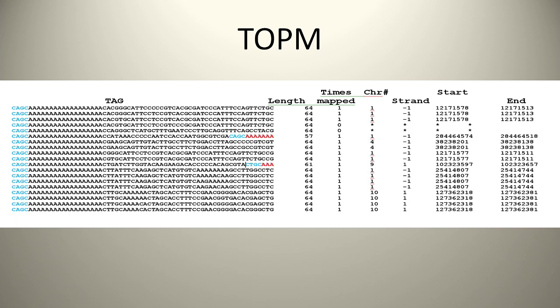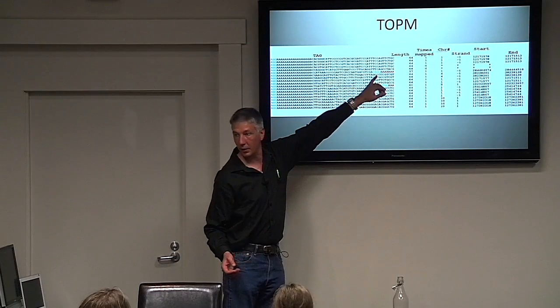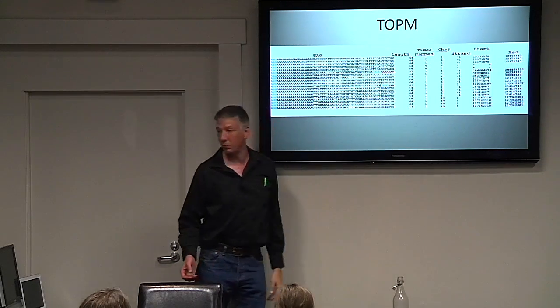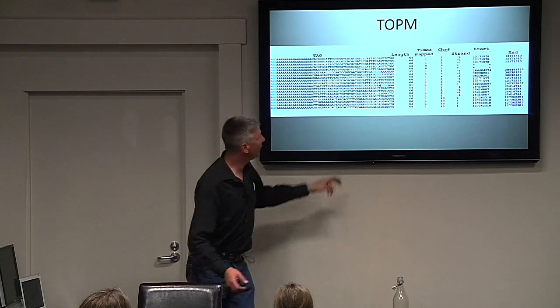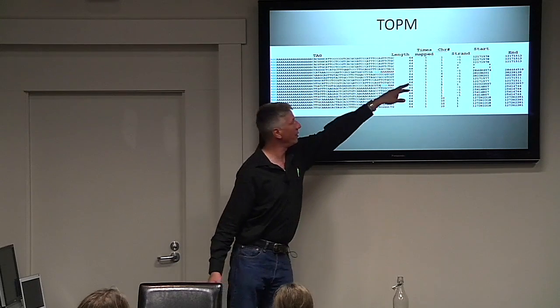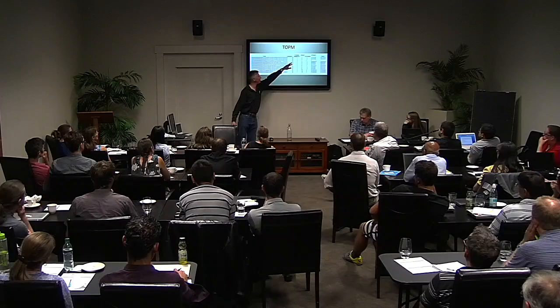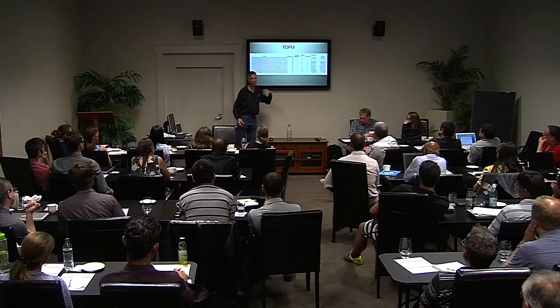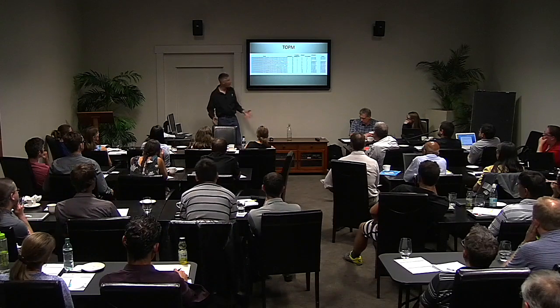But the things I want to point out here is, see, here's another cut site, the CAGC, and then it's followed by all these A's in red. So if you look in the length column here, so many of these are 64, but that one's 57, right? Because it's shorter and it's padded. So remember I told you we pad it, but we record that information.